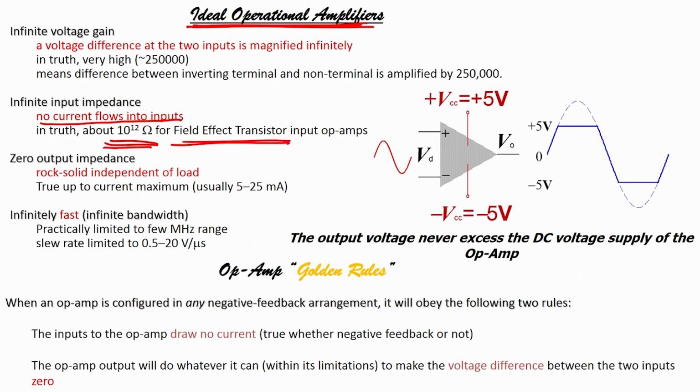Now, okay, it has infinite input impedance, but why? Because at the input of the operational amplifier, we are using FETs, MOSFETs, right. MOSFETs and FETs have extremely high input impedance, that we know, right.